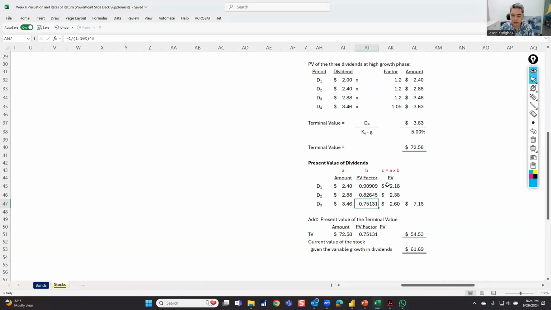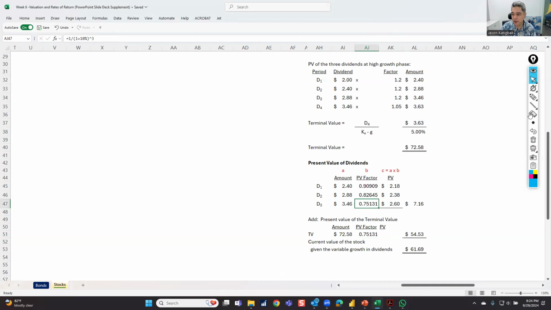And then from here, you multiply it. A times B is equal to C, which is the present value. And then here, I added D1 to D3. That's now the present value of the dividend. Now, I need to discount the 72.68, which is a terminal value, with the same third year calculation, which is actually the same factor here.